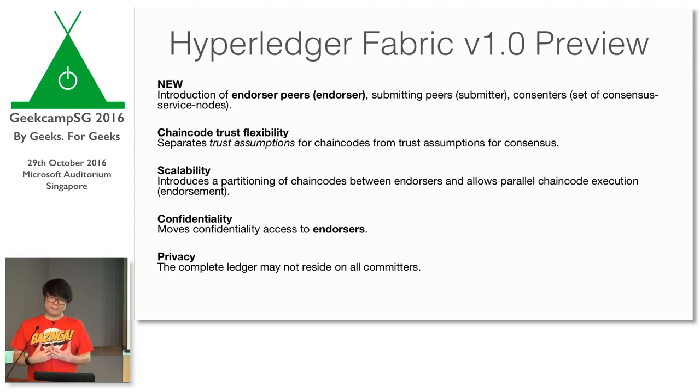They are splitting up the trust assumptions, or rather the approvals, to another node type, so to speak, called endorsers. Which means that an endorser is not a consensus. An endorser is someone, or an application, who basically says, approve.